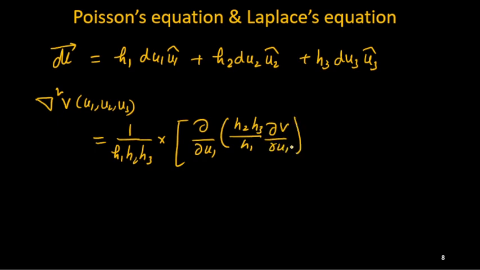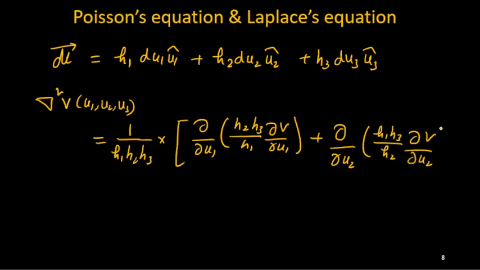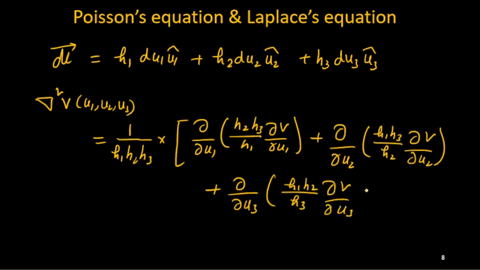This is one term. And the second term, very similarly, del u2 of h1 h3 upon h2 times del V del u2. And the last one is del u3, so obviously it will be h3 in the denominator and h1 h2 as the product in the numerator, times del V del u3.